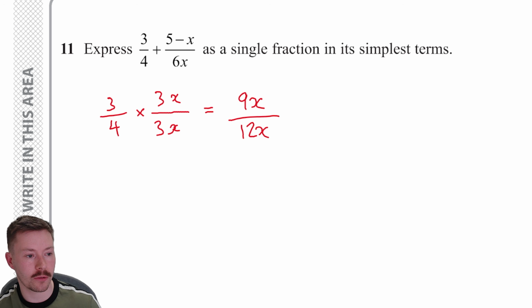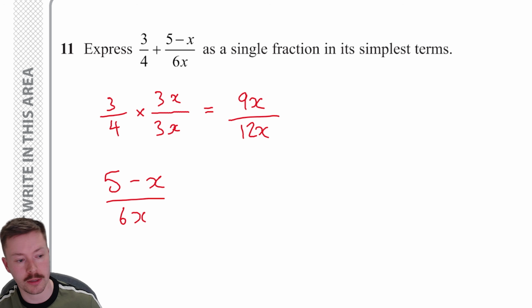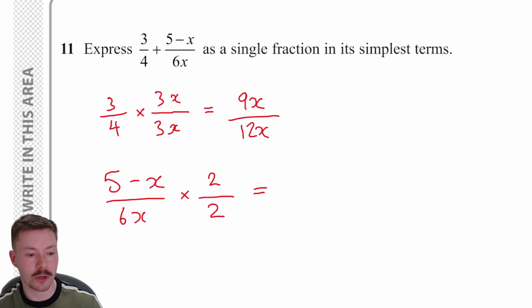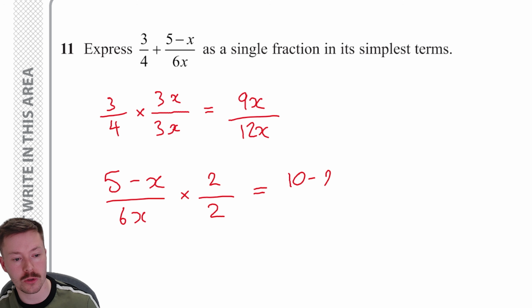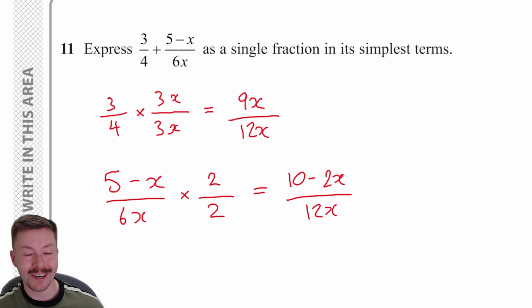And then for the second fraction, I've got 5 minus x over 6x times top and bottom here by 2. That gives us 10 minus 2x over 12x. Now we can replace our original fractions in the question with those two and add the numerators.